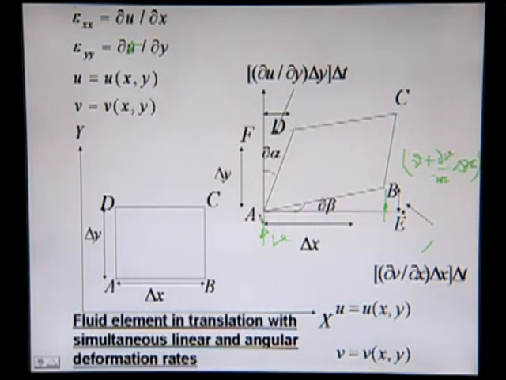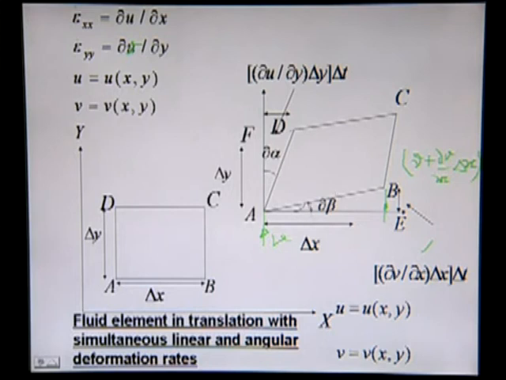So velocity at A in x direction is equal to u, and velocity at D in x direction is equal to del u over del y multiplied by distance delta y, and multiplied by time. By this distance, particle D gets displaced in x direction and takes this position, and with the help of this horizontal distance we can find out this beta. So del alpha and del beta can be calculated.